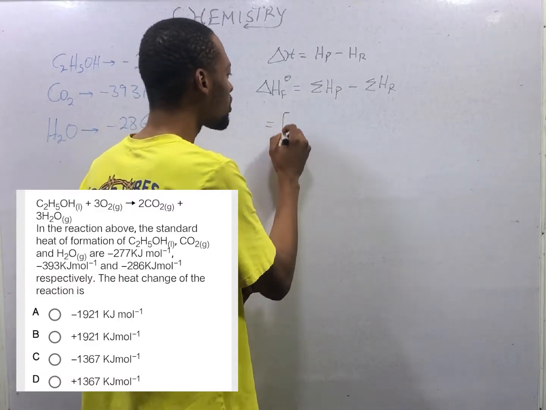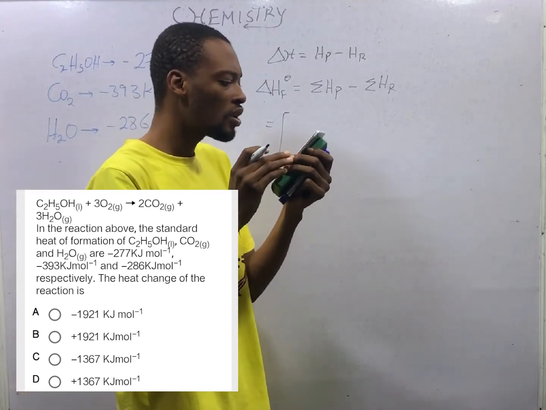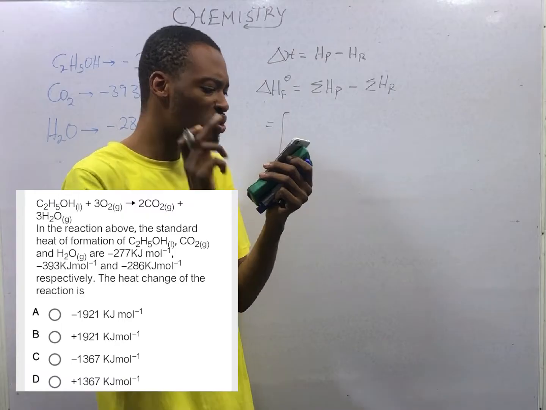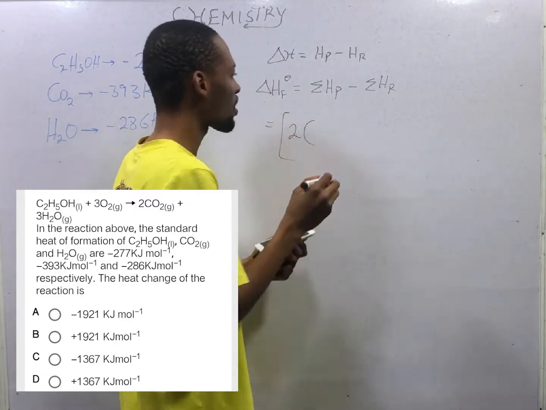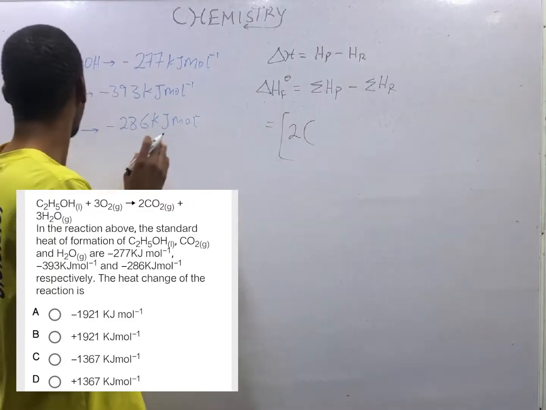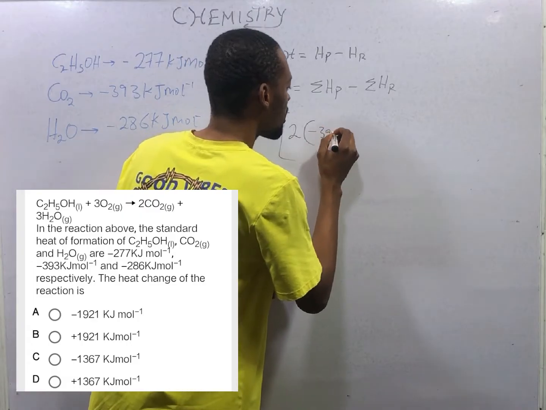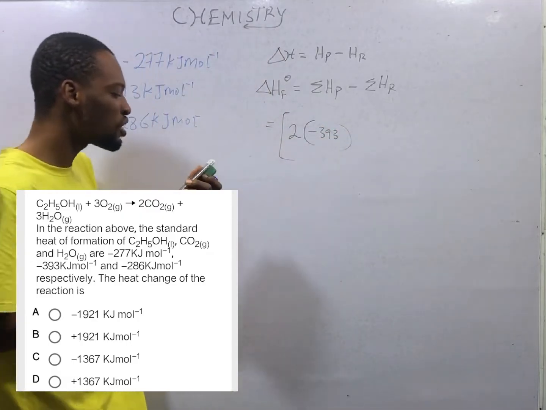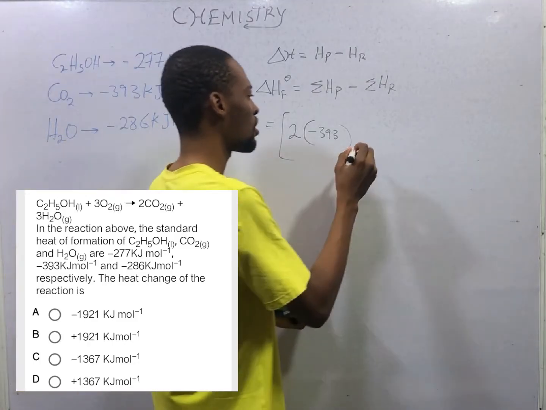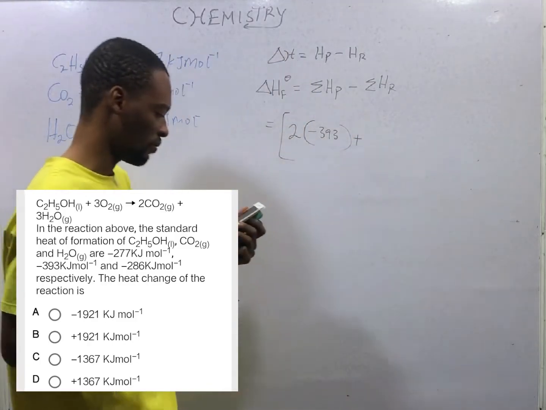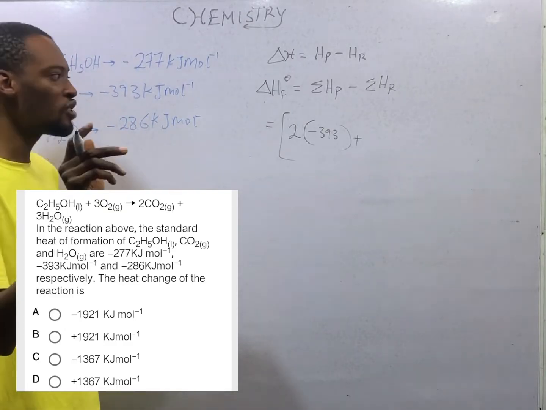For the product, we have 2CO2. So 2 times the formation of CO2, which is minus 393. Since we have 2 CO2, we multiply by 2. We are dealing with formation, plus the second product is H2O, but you have 3 H2O.